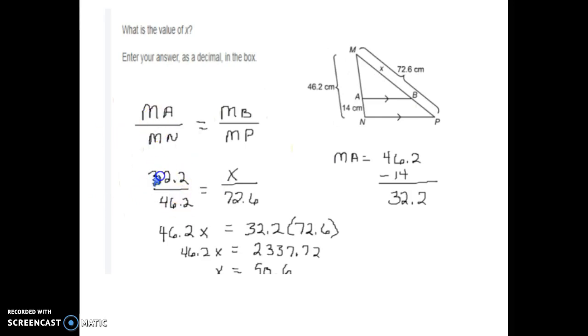So plug in 32.2 over 46.2 is equal to x over 72.6. Cross multiply. And we get 46.2x is equal to 32.2 times 72.6, which is 2,337.72. And so divide both sides by 46.2 and we get x is equal to 50.6.